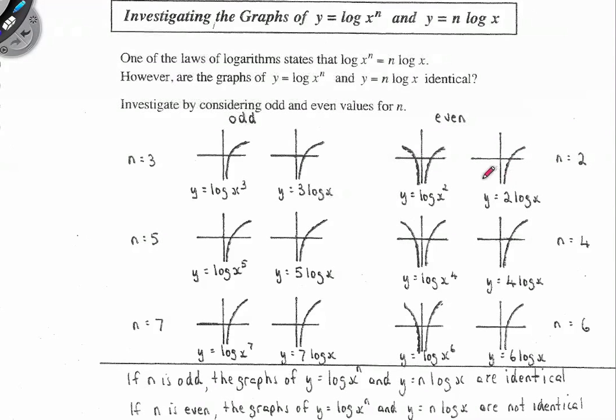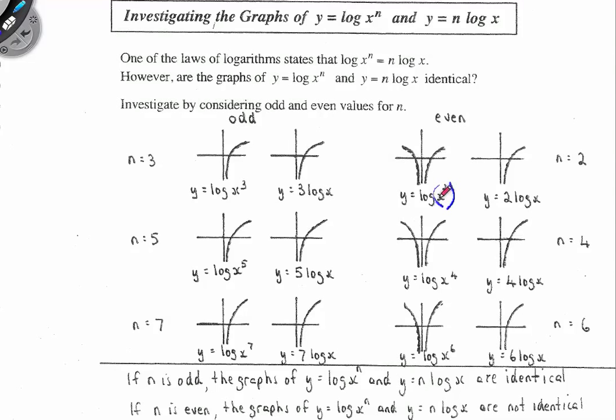Now remember, that must be due to the fact that we're logging x squared. And so remember, when we have a variable to an even exponent, this variable could be negative or positive.